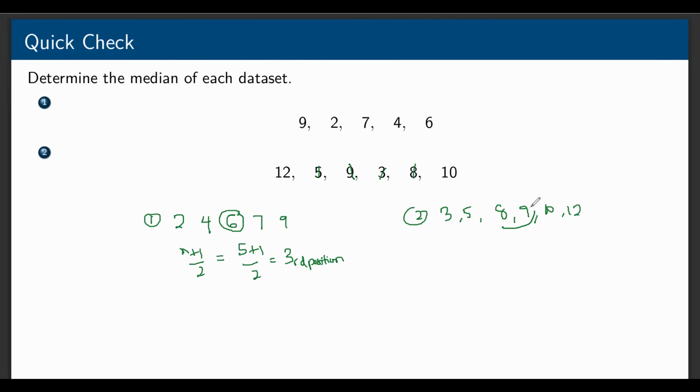The two numbers in the middle are 8 and 9. So I'm going to take 8 plus 9 divided by 2. That gives me 17 divided by 2, and that's 8.5. Therefore, the estimated median number is 8.5.